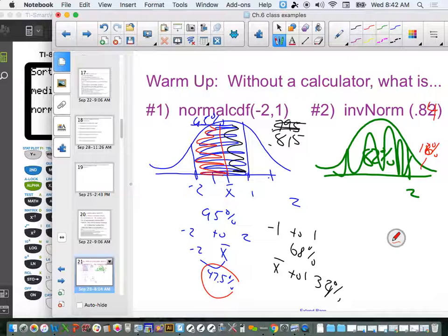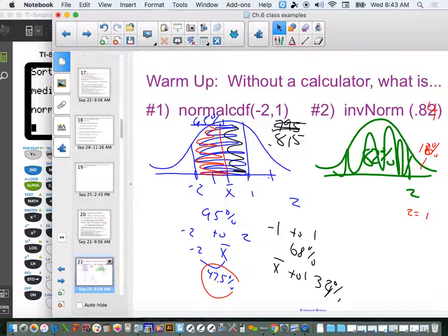So if this was 16%, if we leave 16% in each tail, that'd be 68% between, so this would be a z-score of 1. That's what I meant. Must have forgot my rules there, or did some silly mental math. Okay, so inverse normal tells us what's the z-score that gives us that area below it.